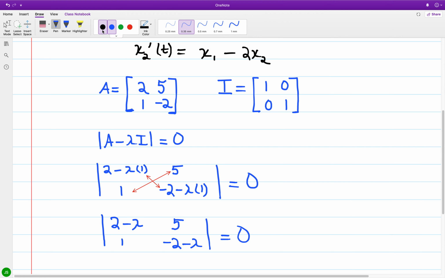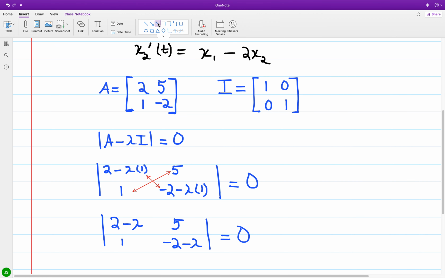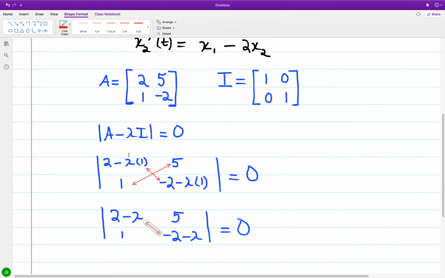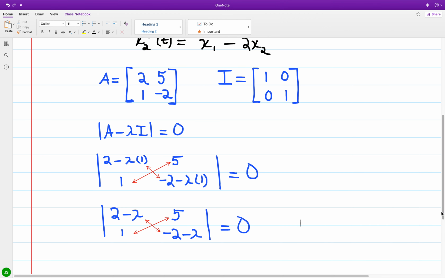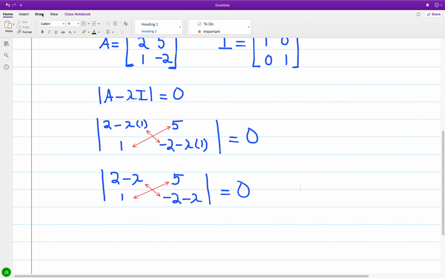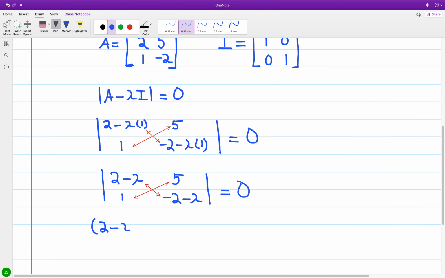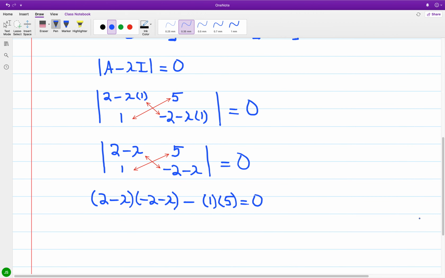Looking at establishing the determinant, again reassigning these arrows as indicators, we take the first diagonal from the upper left to the lower right, the product of 2 minus lambda and negative 2 minus lambda. And then taking the other diagonal, we deduct the product, in this case minus 1 times 5, is equal to 0.